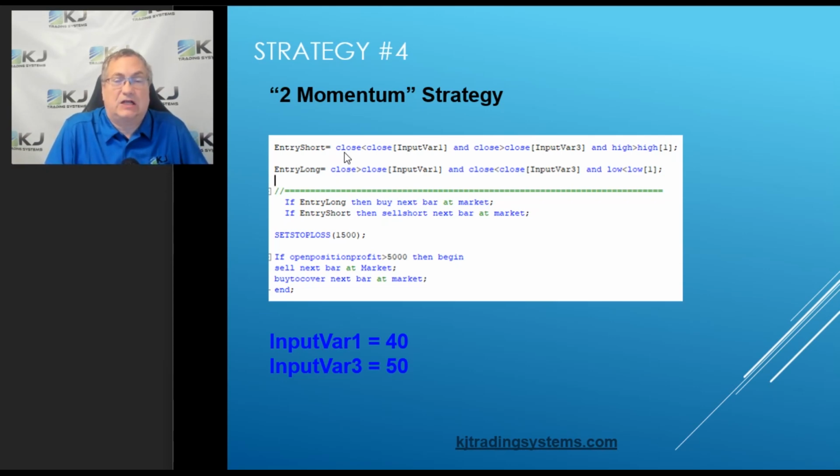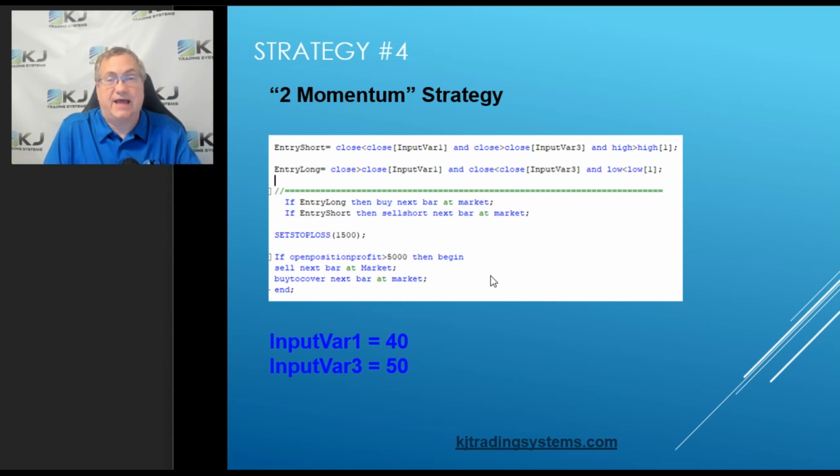When it says close less than the close of input variable 1, so that's the close that many bars ago, that is a momentum calculation. So it's basically saying if the close minus the close so many bars ago is less than 0, that's what you're looking for. It has a stop loss of $1,500, which is 30 points in the mini S&P.